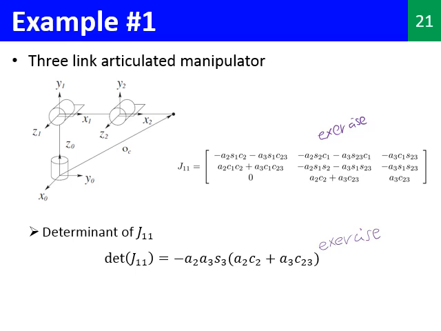Now, to find the arm singularities, we need to find determinant J11 equals 0.